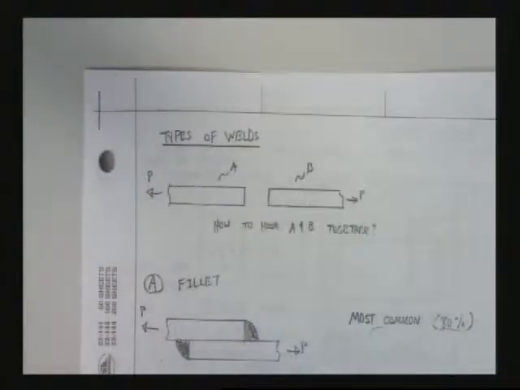We're not going to spend a lot of time at all on this handout. You should look at this handout on your own time because we're going to go through it real quick.